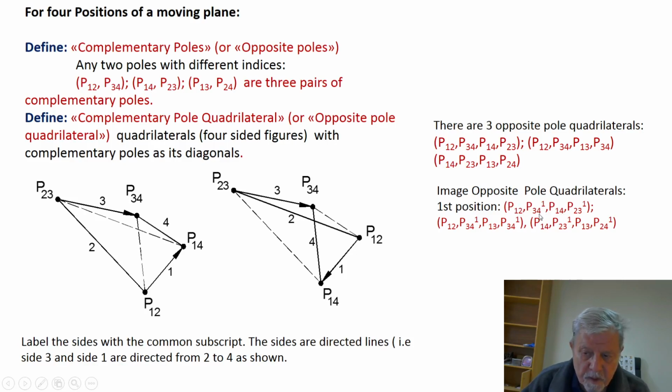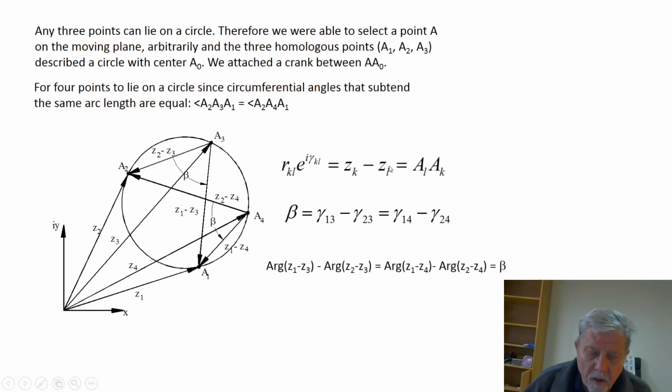So it will be P12, P34, 1, P14, P23, 1. These are the image opposite pole quadrilaterals in position 1. Of course, we have image opposite pole quadrilaterals in position 2 and position 3, but those are rarely used. We usually use the image opposite pole quadrilateral for position 1, as in the case of three-position synthesis.